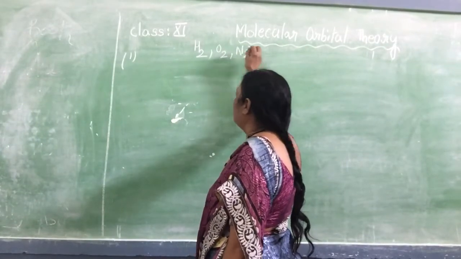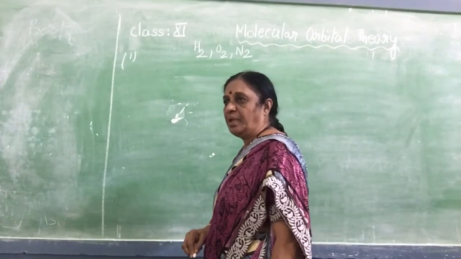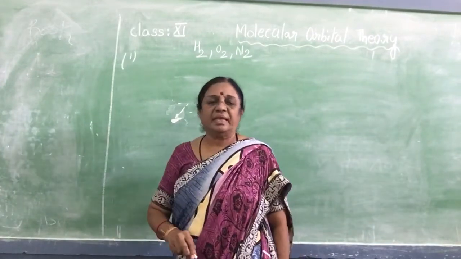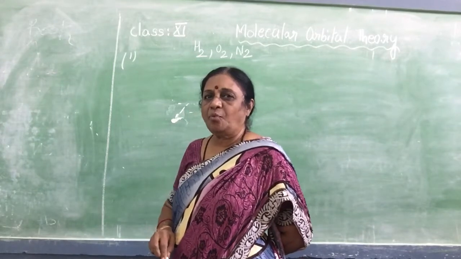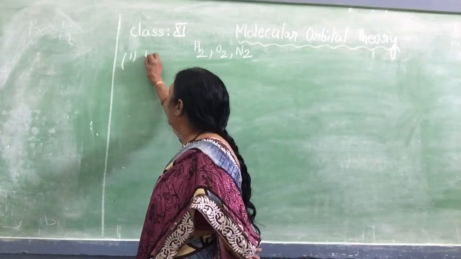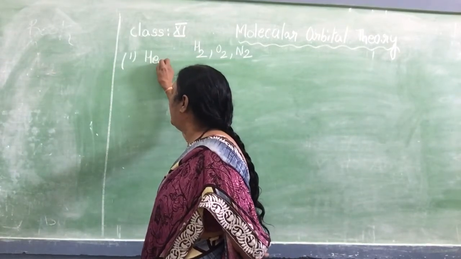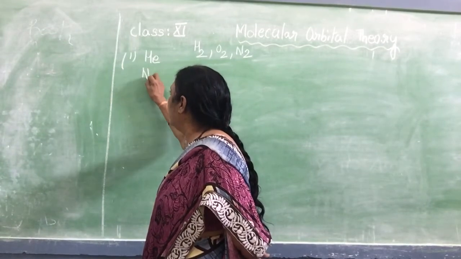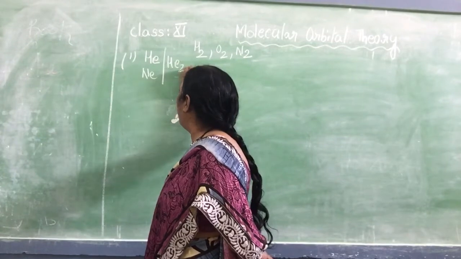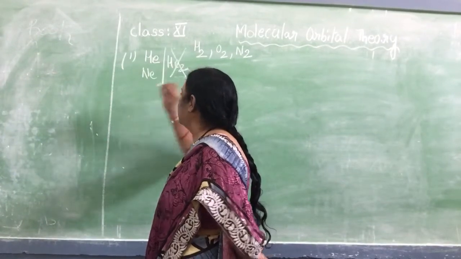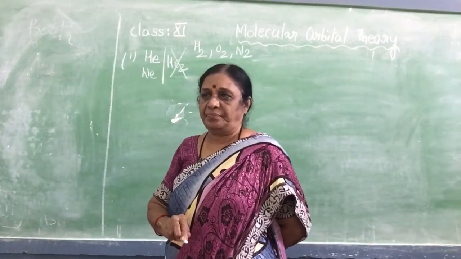Is it clear, children? But all the inert gases exist in the monoatomic state. What is the meaning of monoatomic? Now only He and Ne. Why not He2? He2 does not exist. What is the reason?